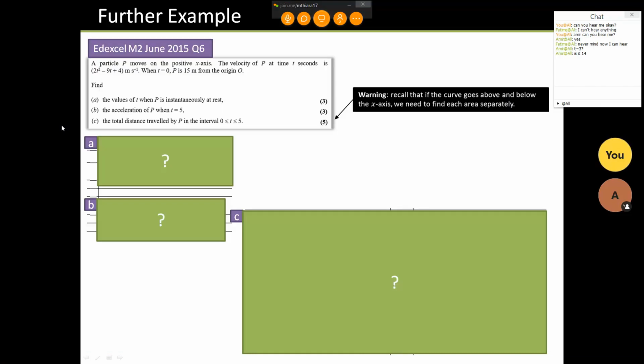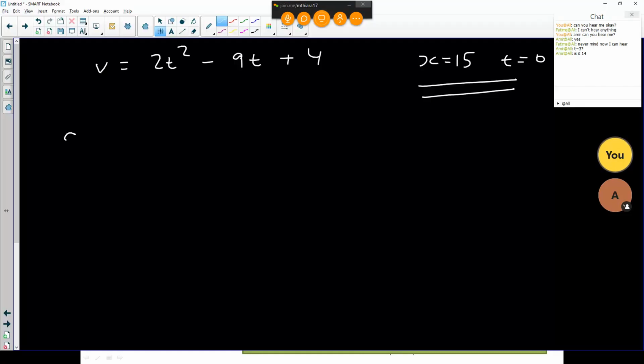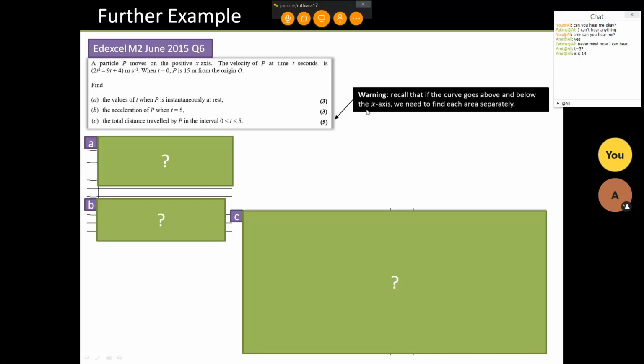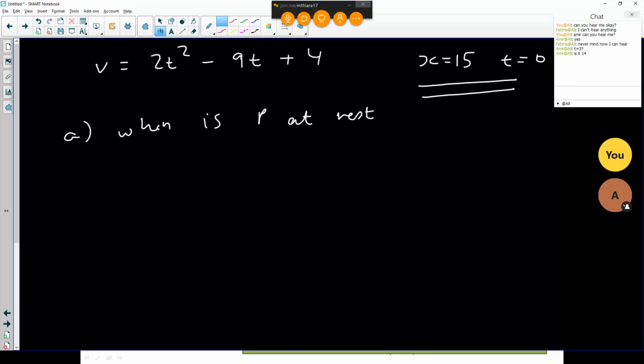And we want, for part A, when is P at rest? Instantaneously at rest. Well, that is when v is going to be equal to 0. And when is v equal to 0? Well, that implies that 2t squared minus 9t plus 4 is equal to 0.